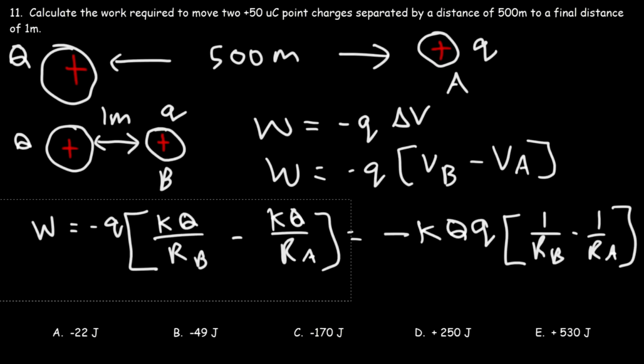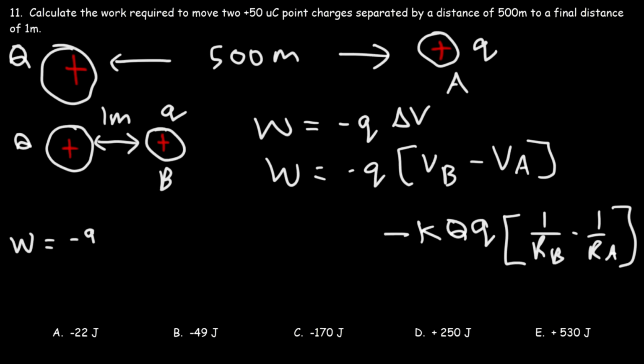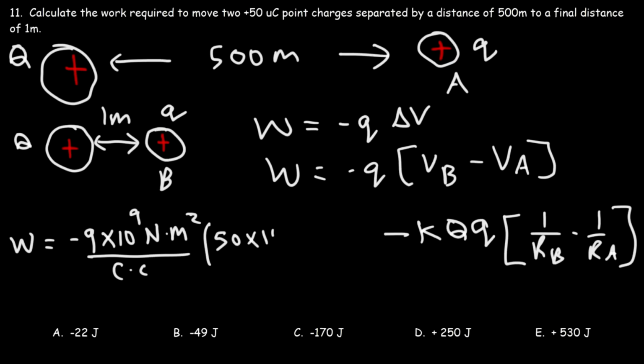So now let's plug in the information that we have. So W is going to be negative K, so that's negative 9 times 10 to the 9 newtons per square meter divided by coulomb squared, or coulombs times coulombs. And then capital Q is going to be 50 microcoulombs, or 50 times 10 to the minus 6.